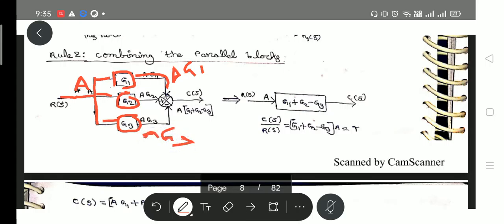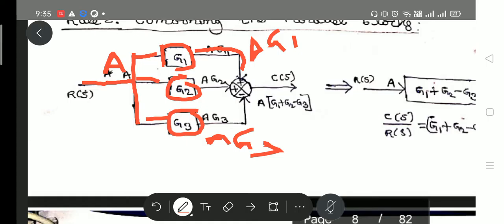At the summing point, the signs are plus, plus, and the last one is minus. So A into G1 plus A into G2 minus A into G3. I am taking A common here: G1 plus G2 minus G3.